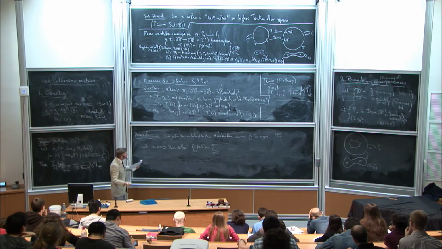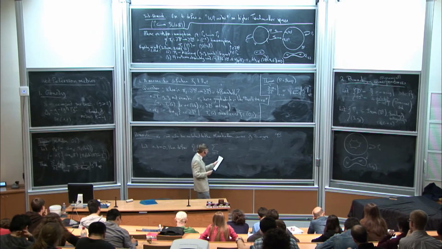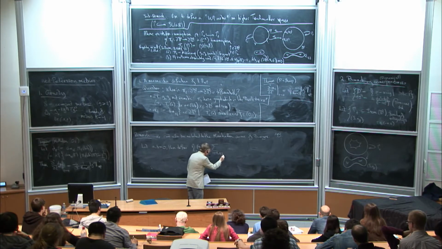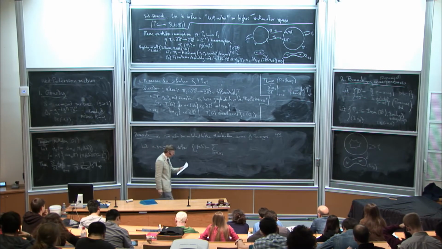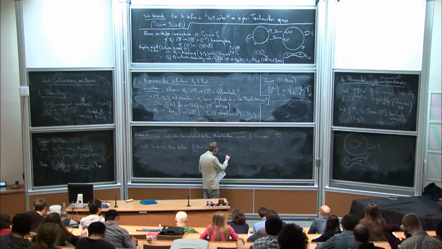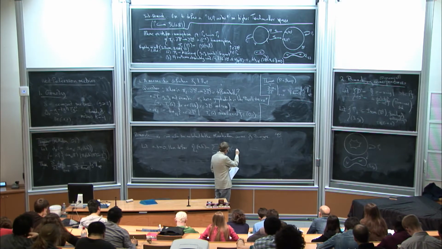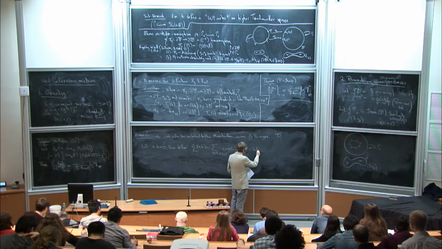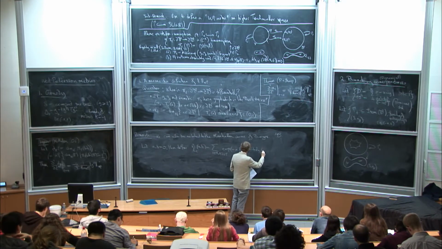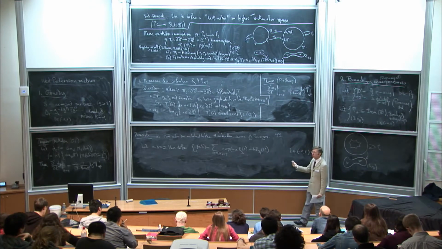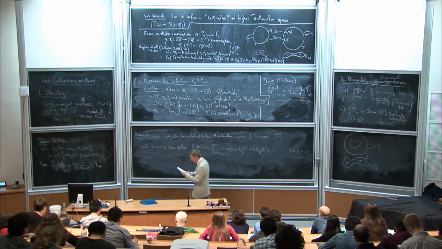Maybe instead of group, I should write pi_1 of S, like a real geometer does, which is the same as gamma. For each element, we have two different notions of length, and I look at the series of e to the minus A times the length of the curve with respect to the first metric, minus B times the length of the curve with respect to the t metric. Here t is an element of minus epsilon, epsilon again. So it's a series that depends on two parameters, A and B.